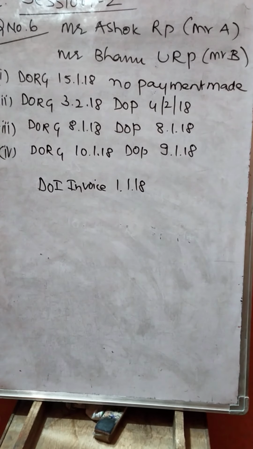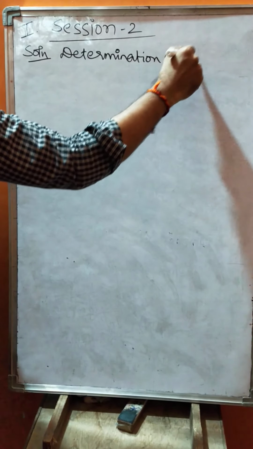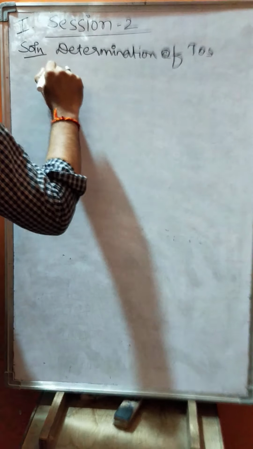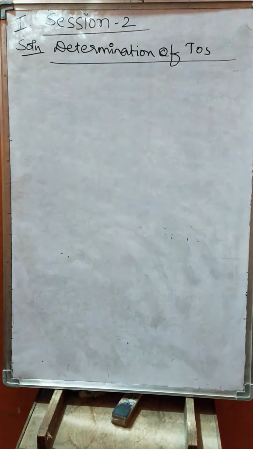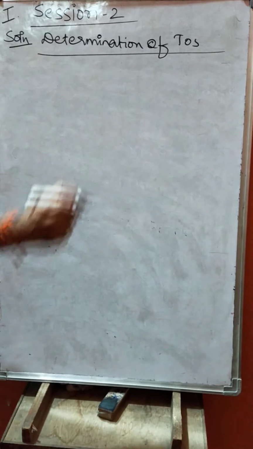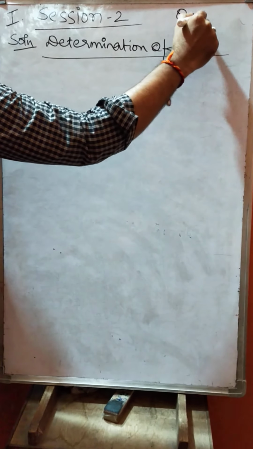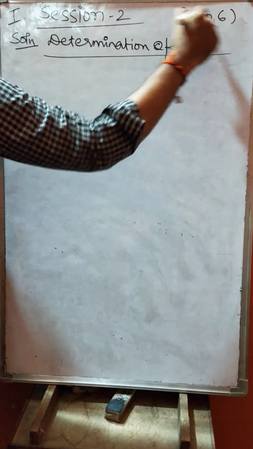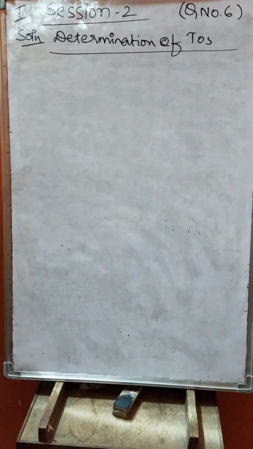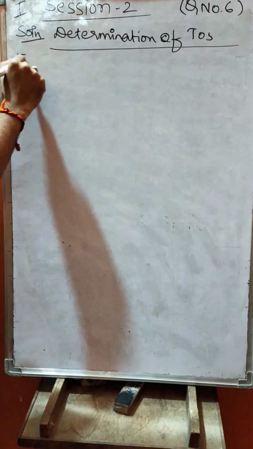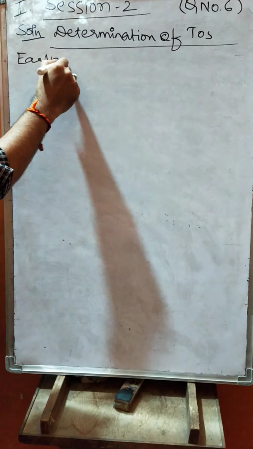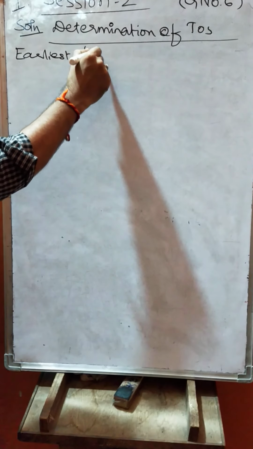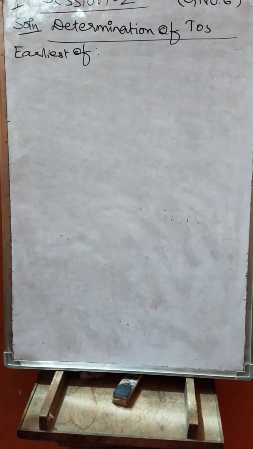Let us look at the solution part. So look at the solution part of question number 6, that is on reverse charge, determination of time of supply. So here we are supposed to take earliest of, for every problem first write the condition before the solution.